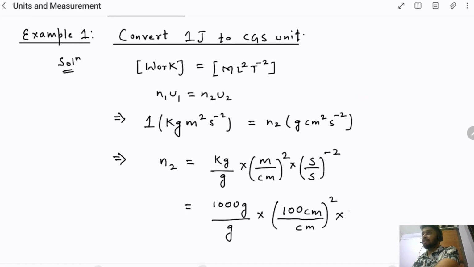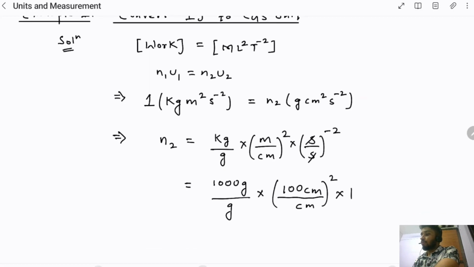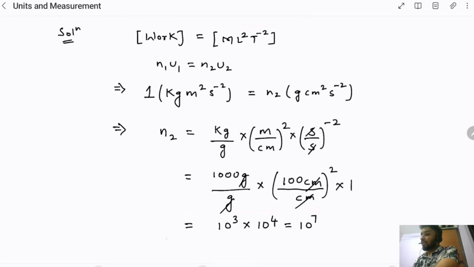Second by second is going to get cancelled, it will be just 1. We can cancel gram, we can cancel centimeter. So from here we get 10 to the power 3, and from here we'll get 10 to the power 4. So overall it will come out as 10 to the power 7. So we have got the required value.